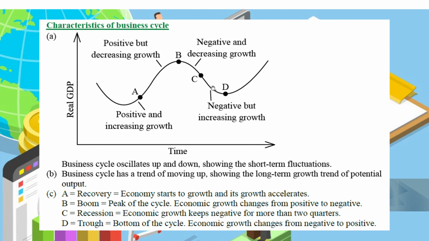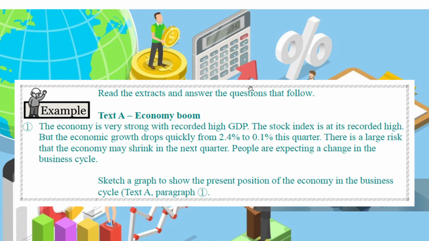Then it is a recession: three consecutive months of negative economic growth. And D is the trough, the minimum, where the rate of change of GDP is also zero as it changes from decreasing to increasing.